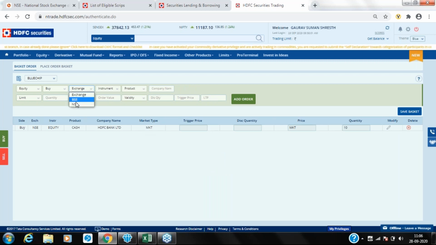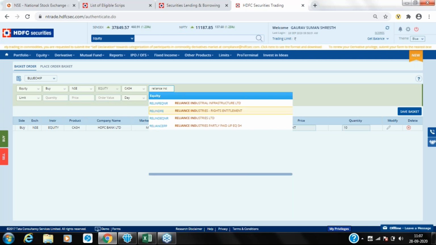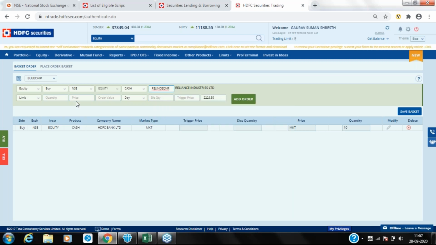Similarly, I can add another stock. So I'm adding Reliance Industries. Again, I am buying it at market.